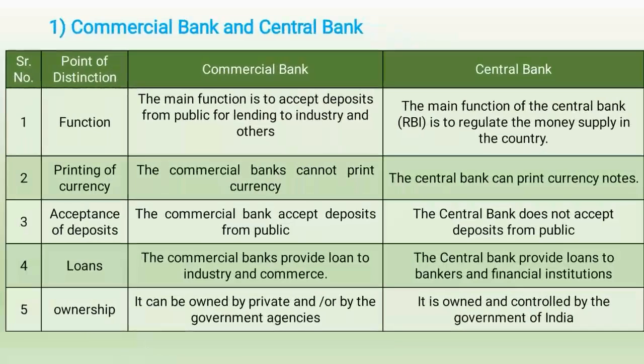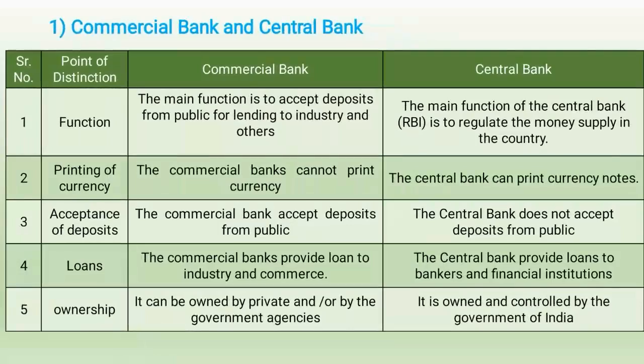The commercial banks provide loan to industry and commerce. The central bank provide loans to bankers and financial institutions. And the last, fifth point is ownership. It can be owned by private or by the government agencies. It is owned and controlled by the government of India.